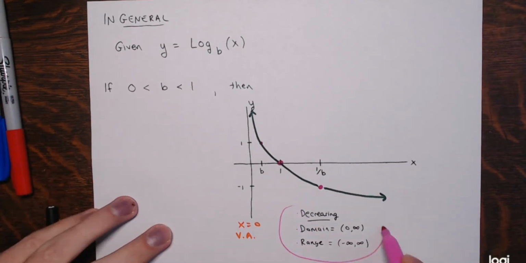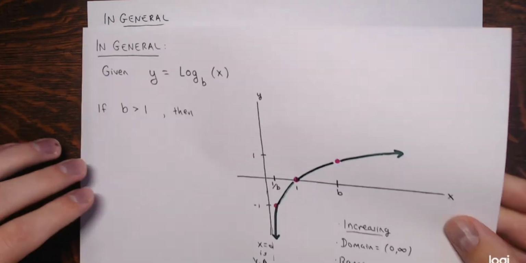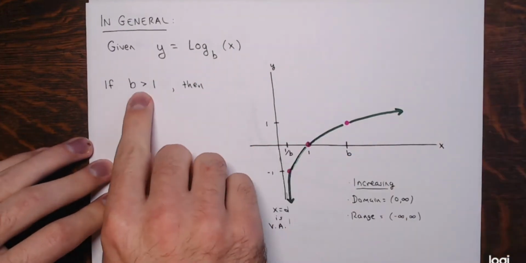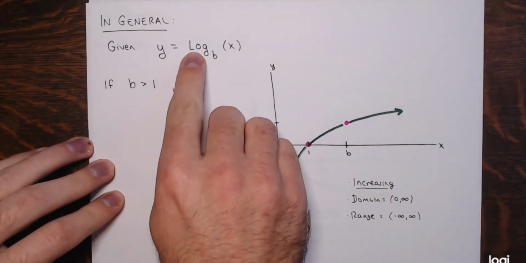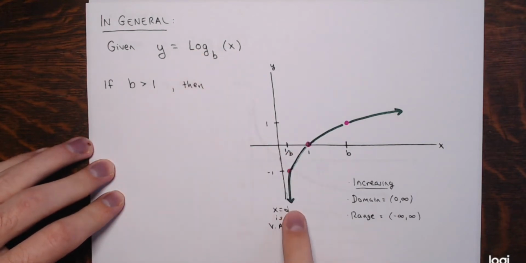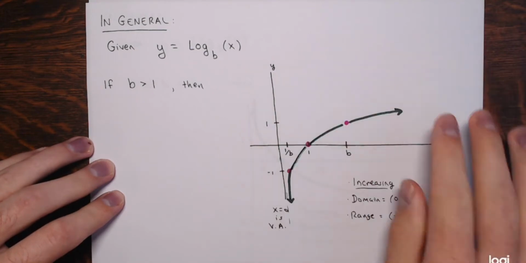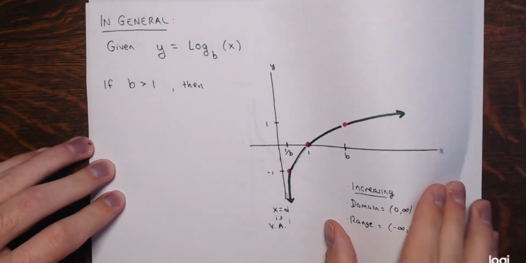Great. All right, so I'm hoping that after all these examples that what you take away is the basic shapes. When the base is bigger than 1 for y equals the basic log base b of just x, increasing function, all to the right of the y-axis.